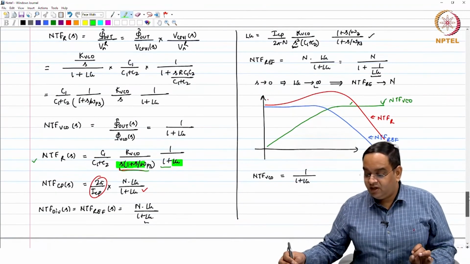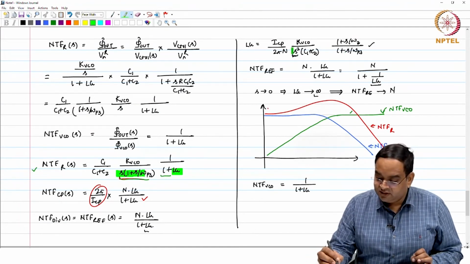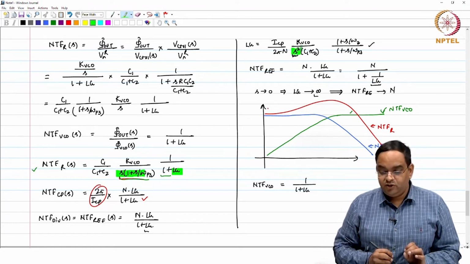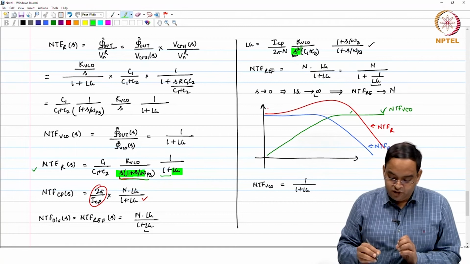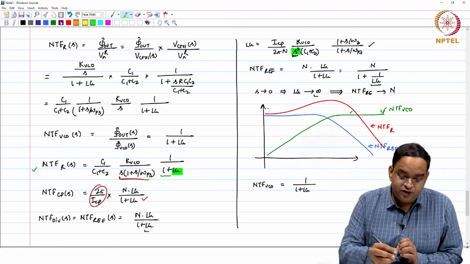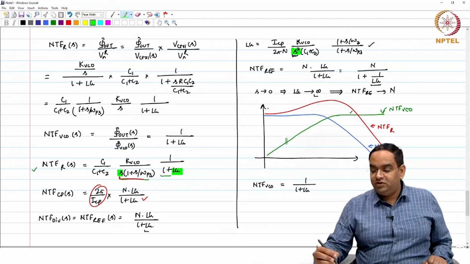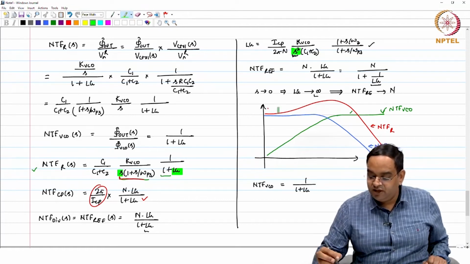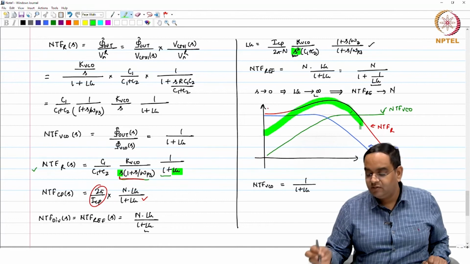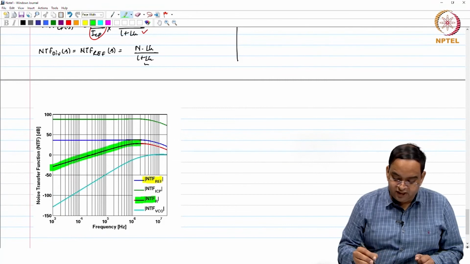So, what is going to happen here is that loop gain, as you see, is a third order system at S equal to 0, this is a second order at S equal to 0, that is loop gain close to S equal to 0, whereas this particular one at S equal to 0 you are only going to get an order from the other term. So, this is going to dominate. So, in place of the red curve which is starting from here, it may start from here. Okay. So, that is what you see for the NTF of resistance.